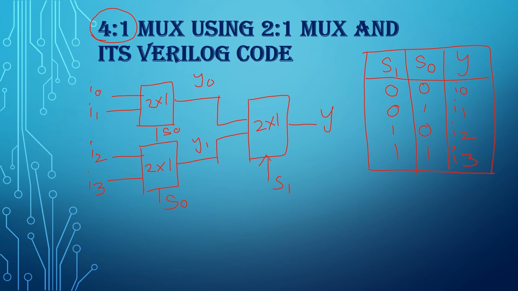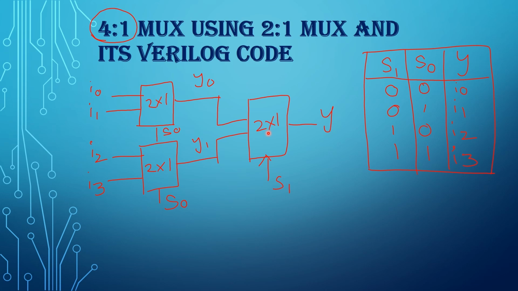Here this is the first 2x1 multiplexer, this is the second, and this is the third one. The first 2x1 multiplexer selects one of two input signals, that is I0, I1, based on the control signal S0. The second 2x1 multiplexer selects one of two input signals, that is I2, I3, based on the same selection input S0.